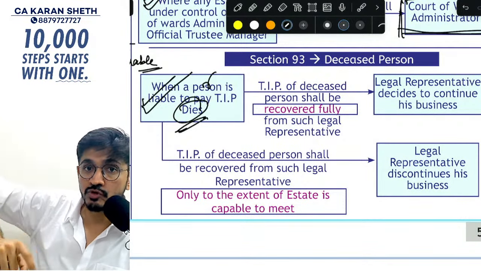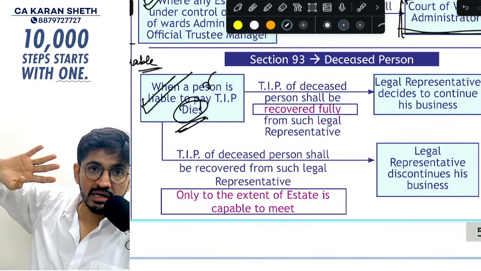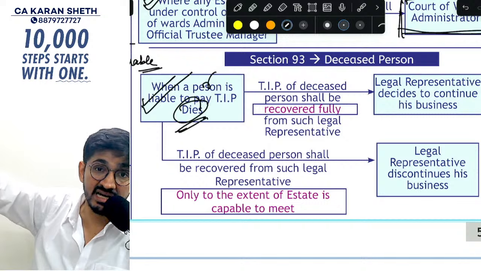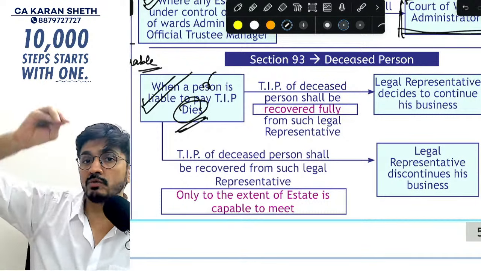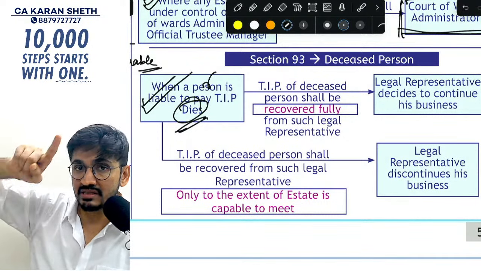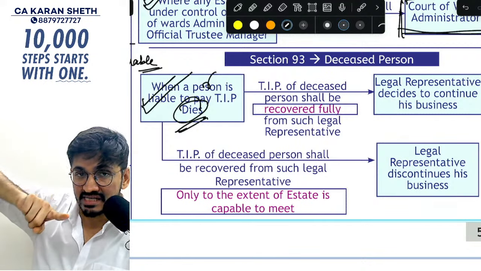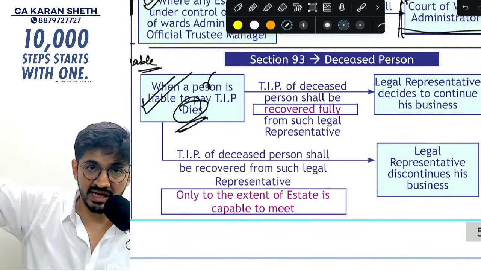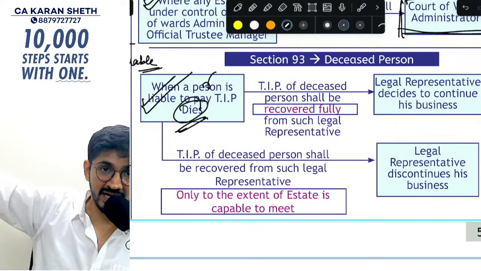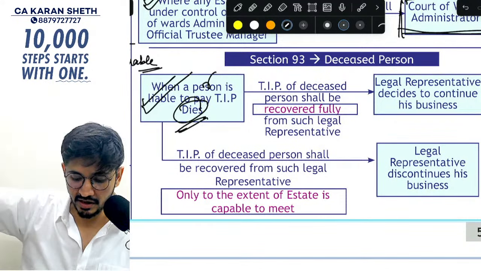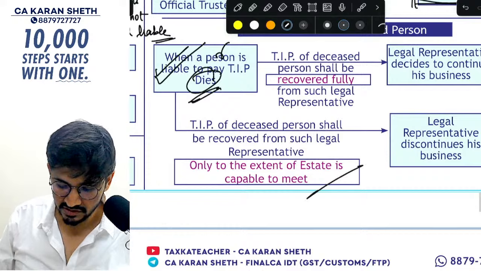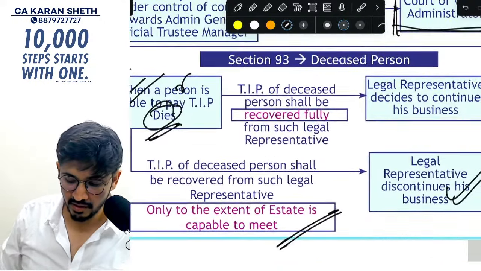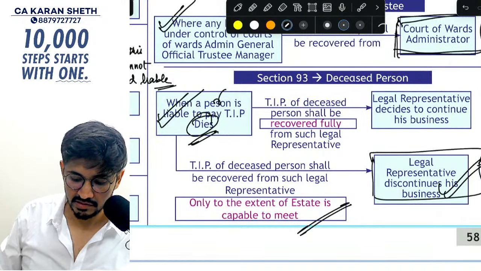But if he decides to discontinue the business, then the amount that can be recovered from that legal representative will be only to that extent to which the estate has got transferred. So if the estate that has got transferred is 10 lakhs, but the liability is 50 lakhs, it will be settled in 10 lakhs, period. So the good idea will be to not continue the business.